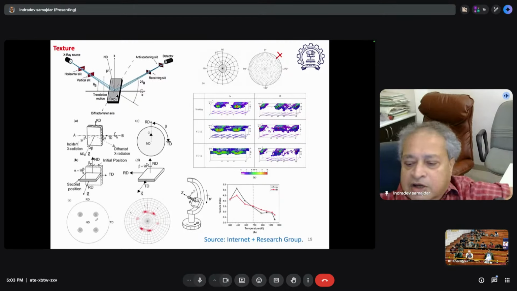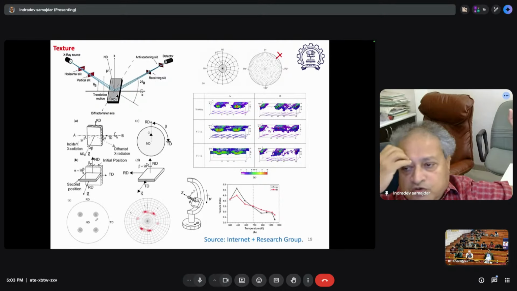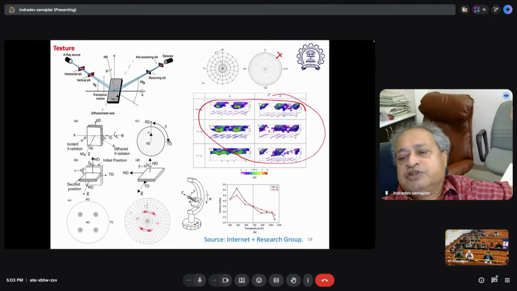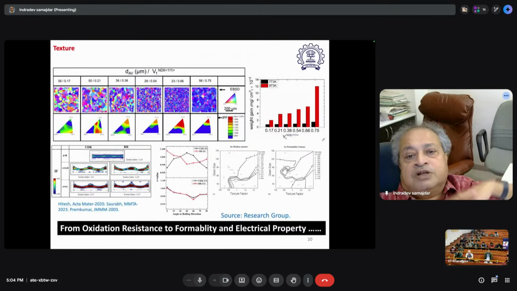In the XRD, of course, you can measure any of those parameters of so-called crystallographic texture. In today's graphics, you can plot the ODF in 3 dimensions. This is all doable. You can look at a microstructure.